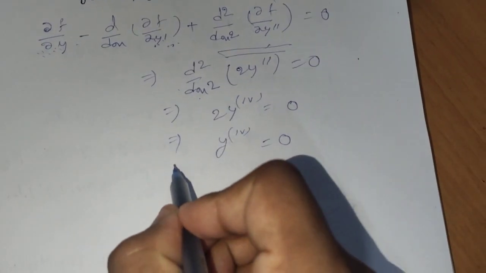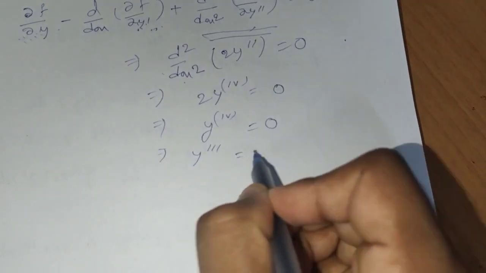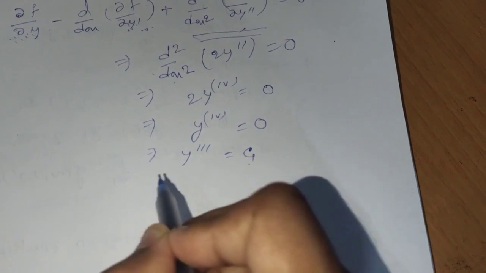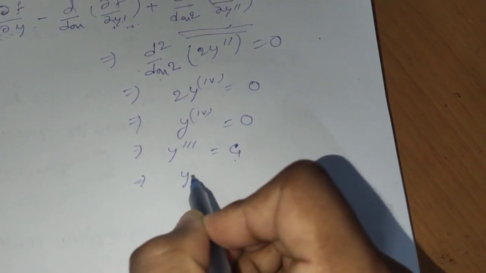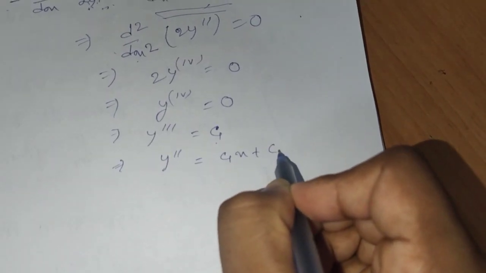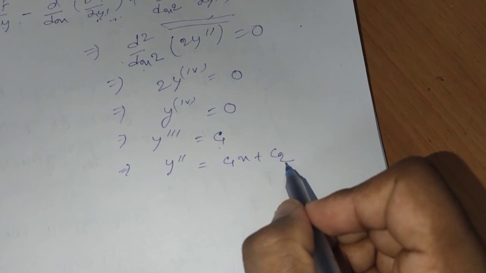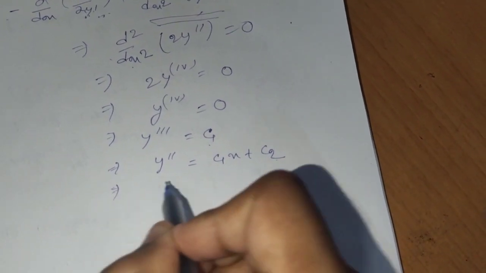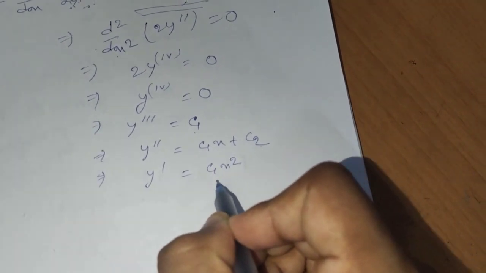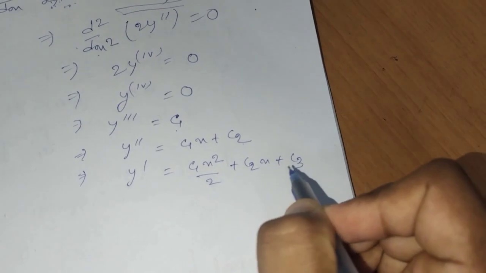So y triple dash is some constant, say c1, where c1 is an arbitrary constant. Again integrating, we'll get y double dash is c1x plus c2. Now c2 is our new arbitrary constant. y dash equal to c1 x square by 2 plus c2x plus c3.